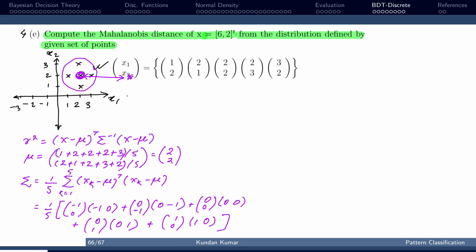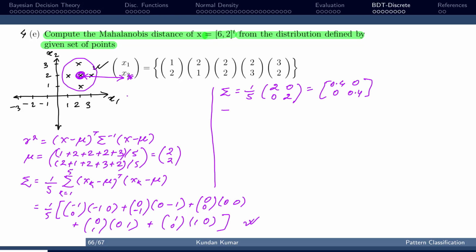When you do all the vector multiplication, you will obtain the covariance as 1 by 5 into [[2, 0], [0, 2]]. That means after solving this, we get sigma equal to 1 by 5 into [[2, 0], [0, 2]], and this is equal to [[0.4, 0], [0, 0.4]].